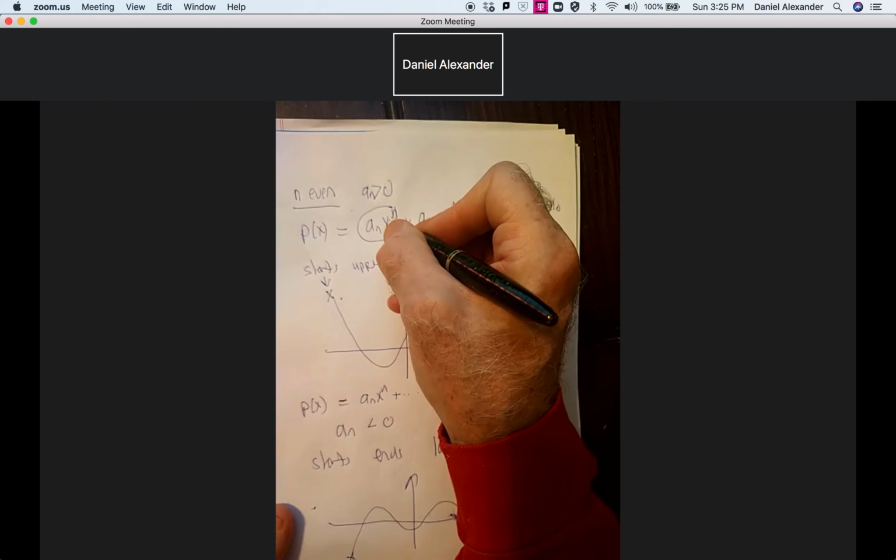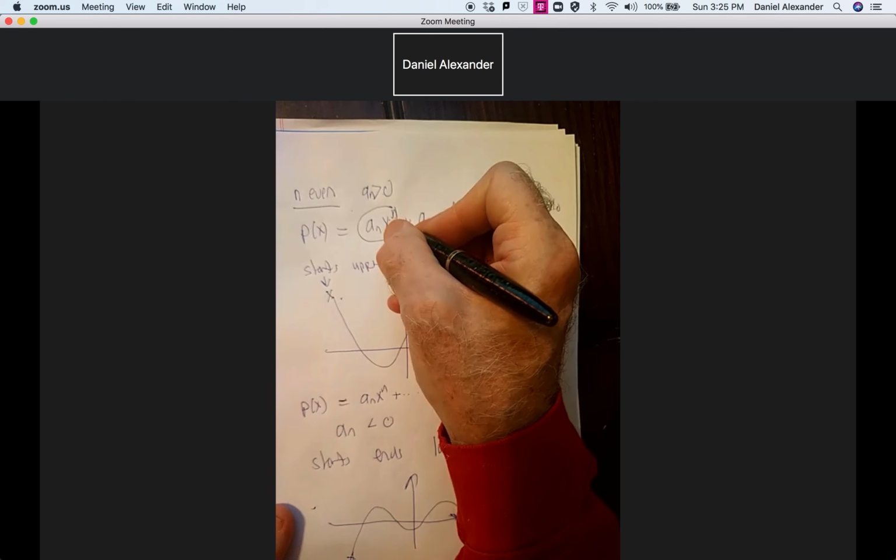And if a_n is negative, we're going to start high and end up low. And again, I am going to go through these on paper so we can see it. And I'll take this off the screen in a second. So we have n odd and a_n greater than 0. Okay, so I'm going to stop the share.